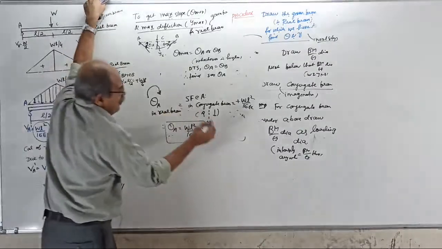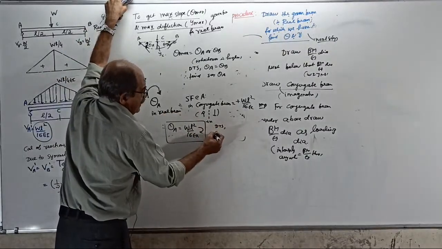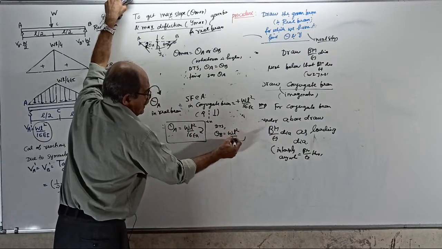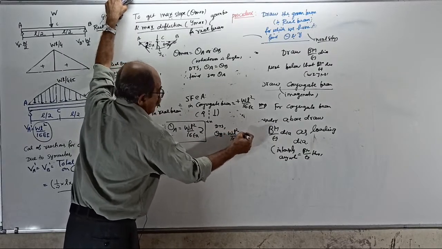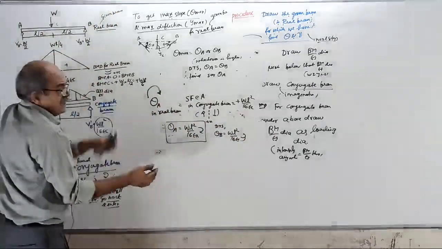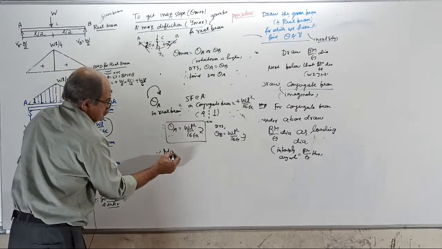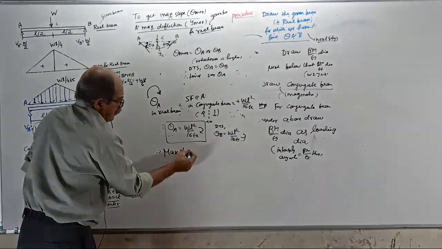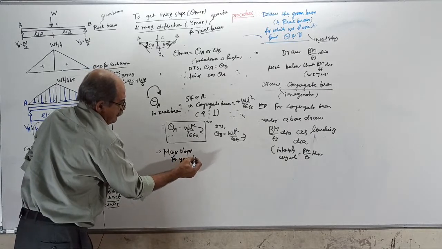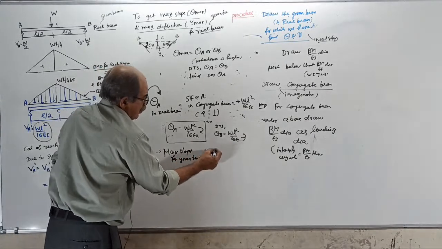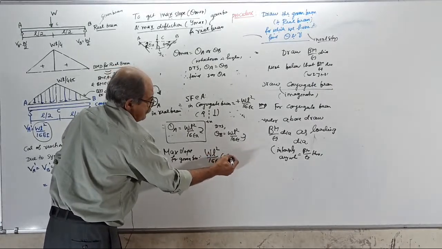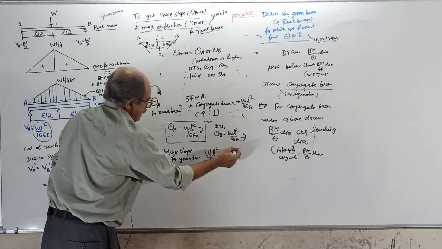Then without calculating, due to symmetry, theta B is the same, WL square by 16 EI anti-clockwise, because right up is negative. Therefore, the maximum slope for the real beam equals WL square by 16 EI, at the supports.